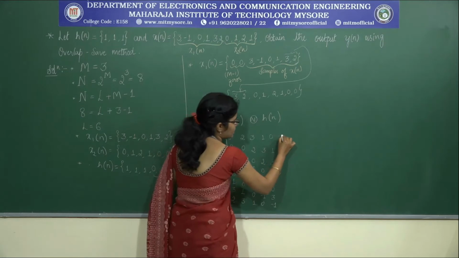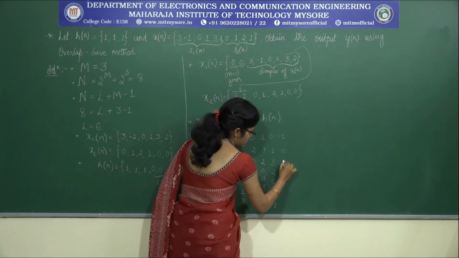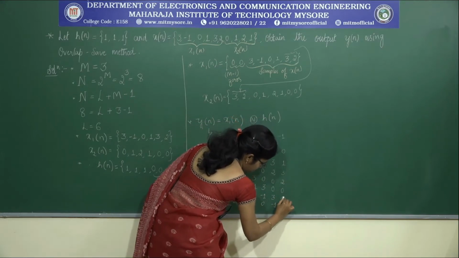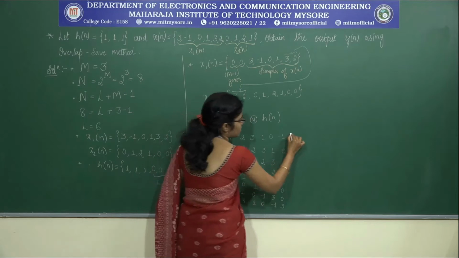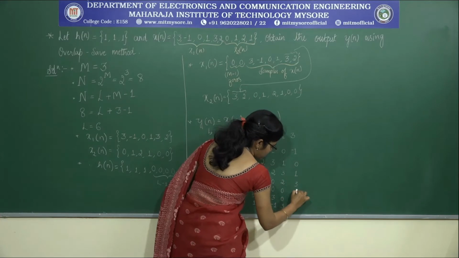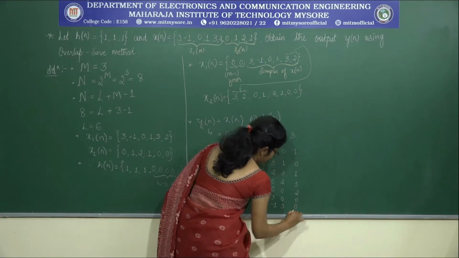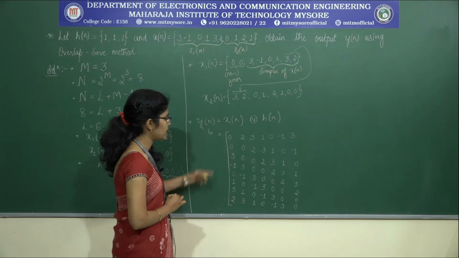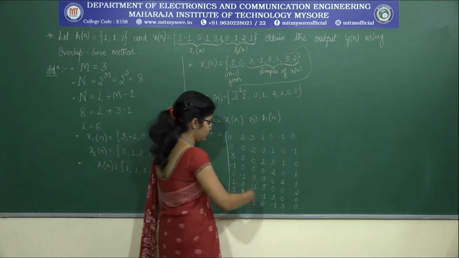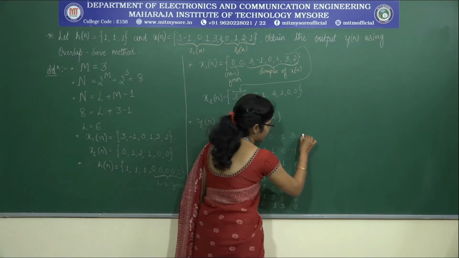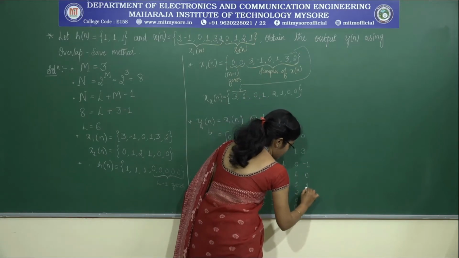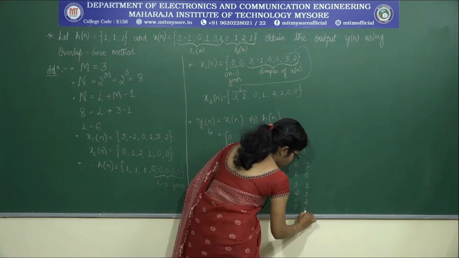Again make minus 1 as first element, minus 1, 0, 1, 3, 2, 0, 0 and 3. Shift this above, 3, minus 1, 0, 1, 3, 2, 0, 0. So, unless and until I get this 0, I should keep on shifting. So, I need to shift it one more time. Okay. So, if I shift it again, it is 0, 3, minus 1, 0, 1, 3, 2 and 0.